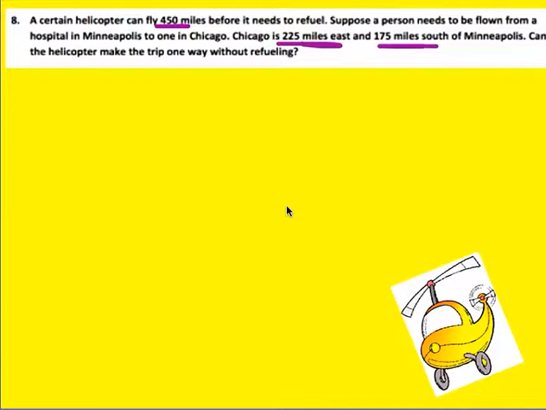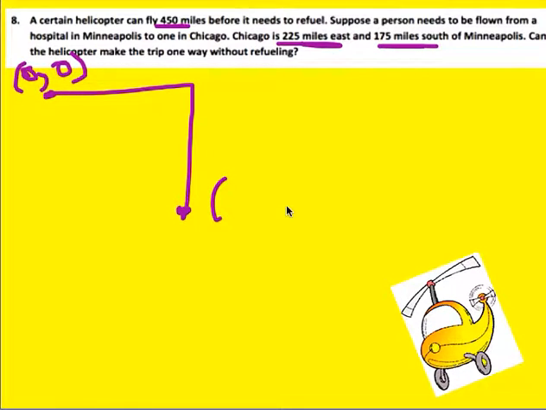Well, let's call Minneapolis the point (0, 0), kind of like the origin. That's where we're starting from. And then we're going to go east and south, and that's Chicago. So it went 225 miles east and 175 miles south. So I'm going to call that negative.